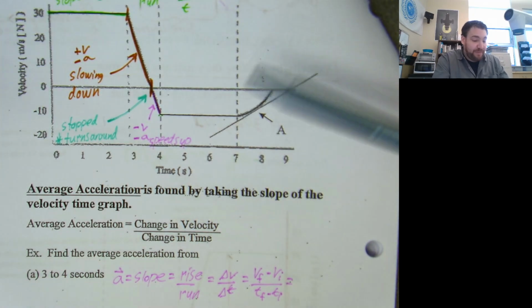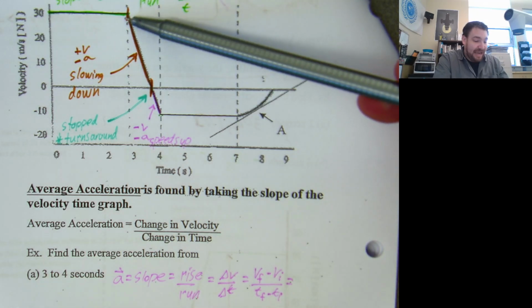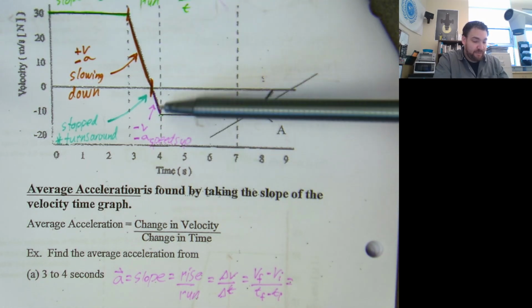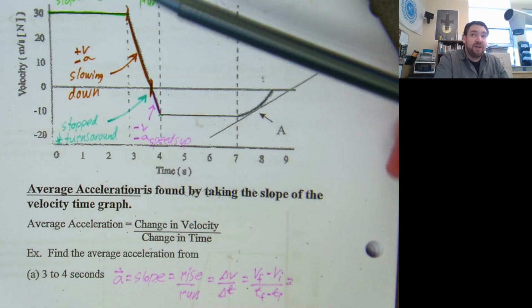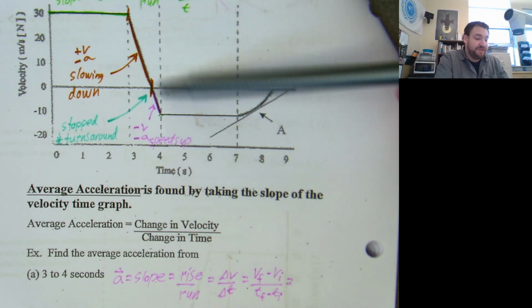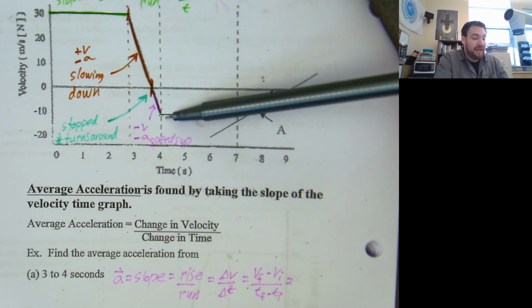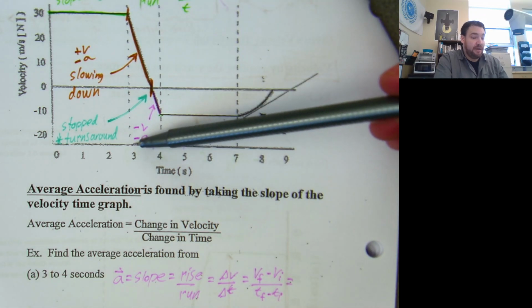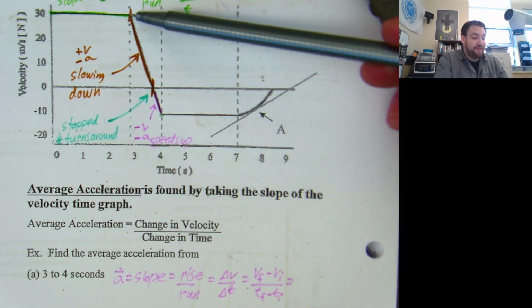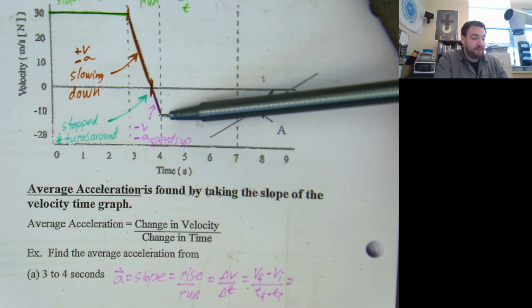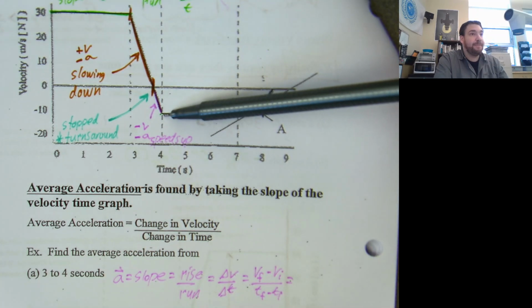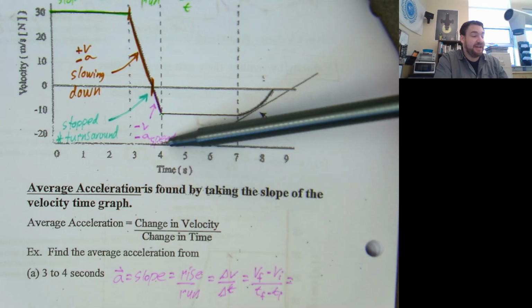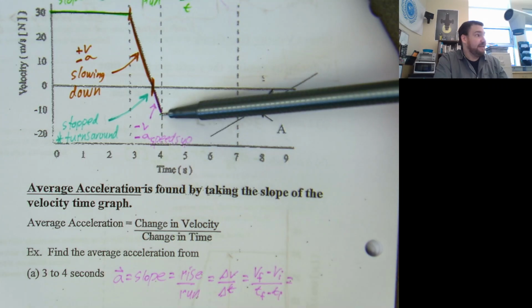If we're concerned about what's happening in just this window here, what is the initial velocity for this chunk of time? It's 30. At 3 seconds, we're up here at 30. The final velocity is? At 4 seconds, the final velocity is negative 10.